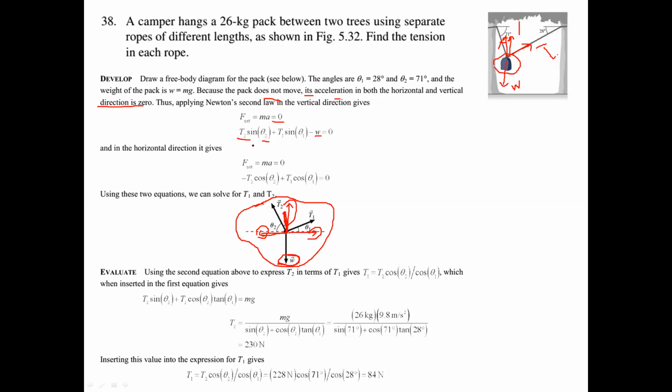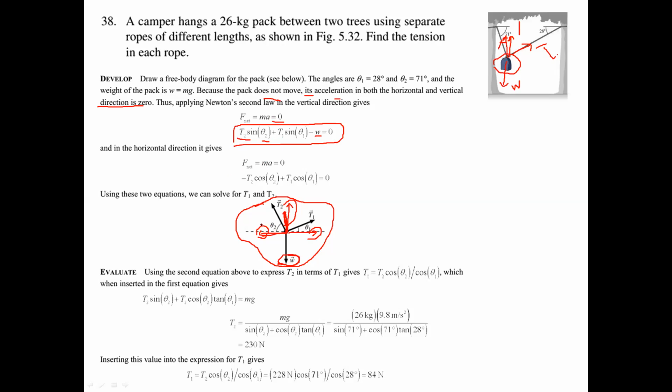Or you can write it like this: T2 sine theta 2 plus T1 sine theta 1 minus the weight of your object will be equal to 0. Nice. You have one.